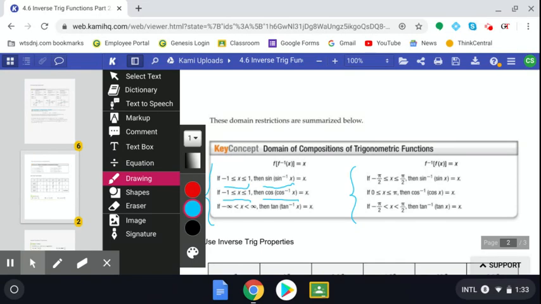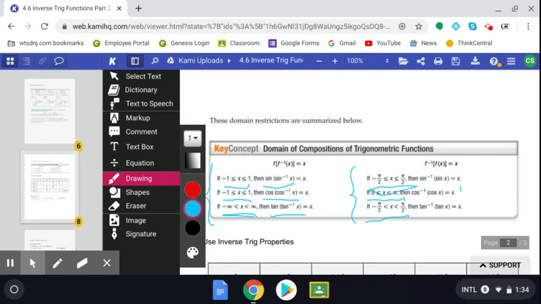And if you're talking about tangent of inverse tangent, for that to equal x, then it has to be in this domain. Now, if you're talking about the inverse sine of sine of x, then for that to equal x, that needs to be the domain. If you're talking about inverse cosine of cosine of x to equal x, this needs to be the domain. And then inverse tangent or arctangent of tangent of x, then this needs to be the domain.